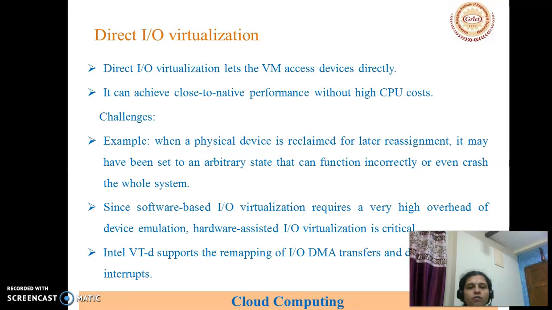Next, direct I/O virtualization. Direct I/O virtualization lets the VM access devices directly. It can achieve close to native performance without high CPU cost. There are some challenges with direct I/O virtualization. For example, when a physical device is reclaimed for later reassignment, it may have been set to an arbitrary state that can function incorrectly or even crash the whole system.